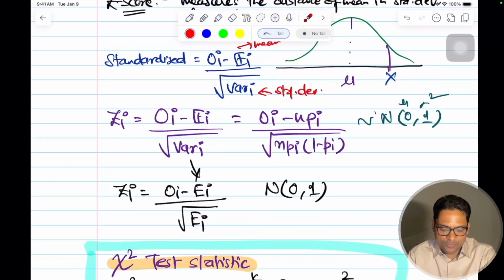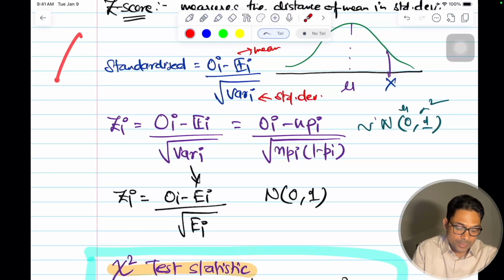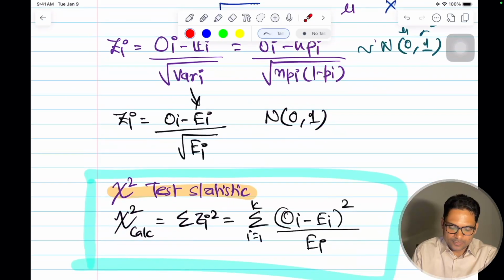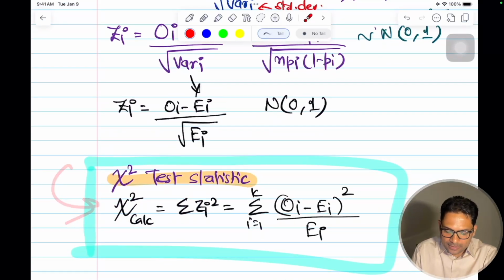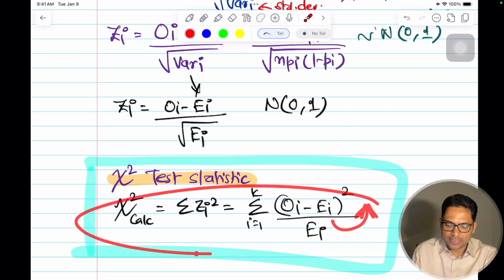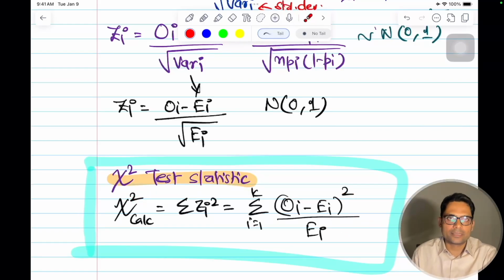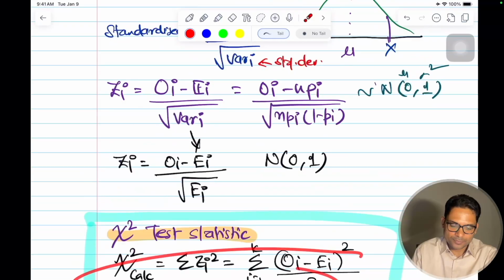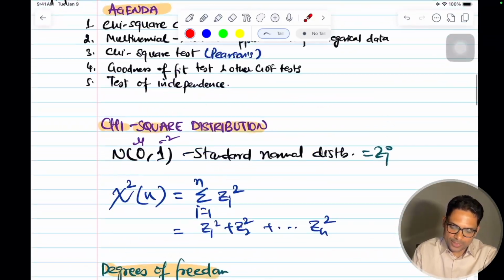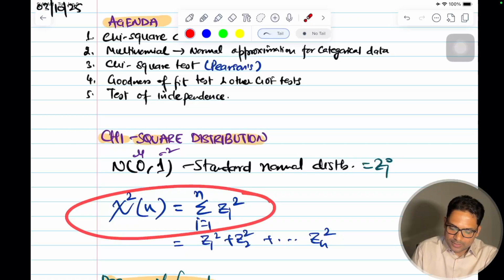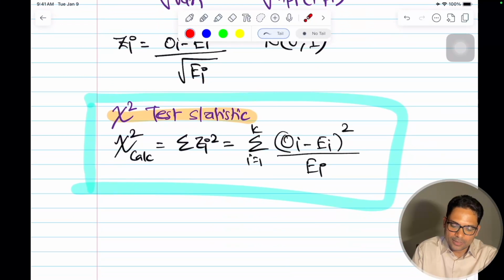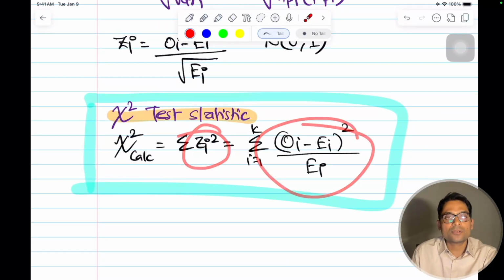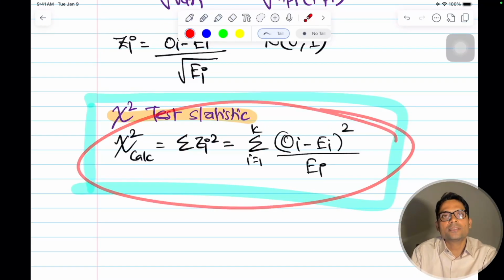So now we have formulated categorical data into a chi-square test statistic, and this statistic follows a chi-square distribution because of this, so we can use it for our chi-square test. I hope this is clear. This is your summation: we found this Zi, plugged in the values for our categorical data, and got this formula, which is the formula that is used.